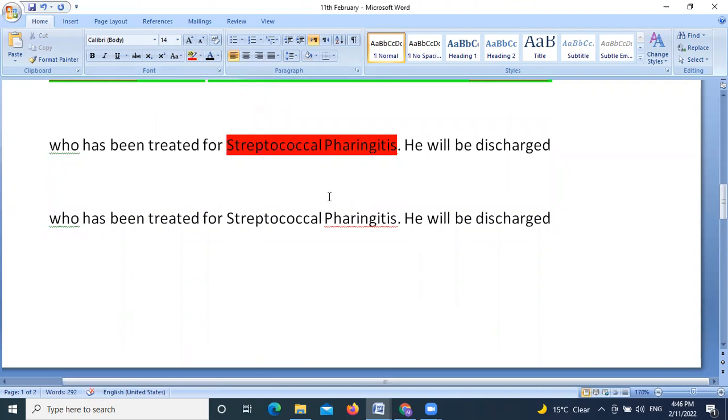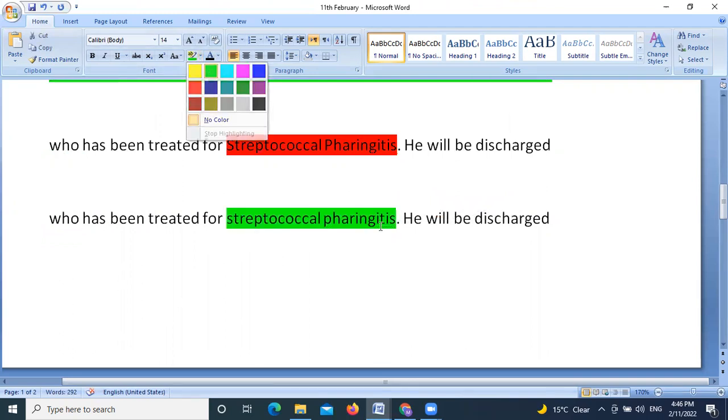This is a general name, like hypertension, diabetes mellitus, pneumonia. So for common names of diseases, we don't need to write in capitals. They should be written in small letters. Pharyngitis is also spelled like this, I think it is okay. Both of them should be small.